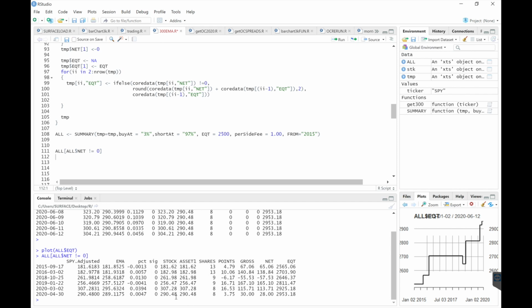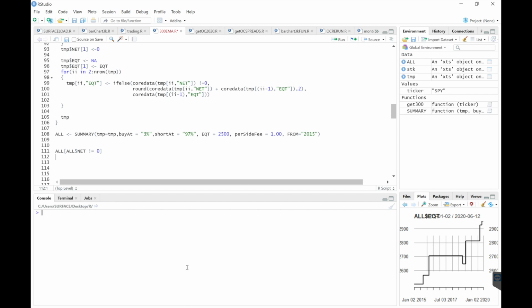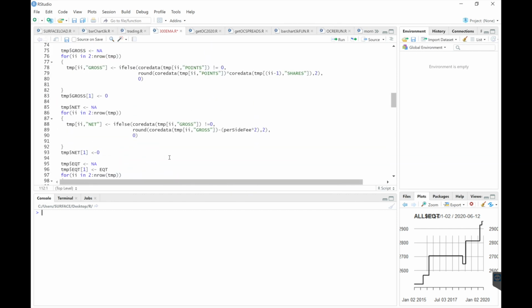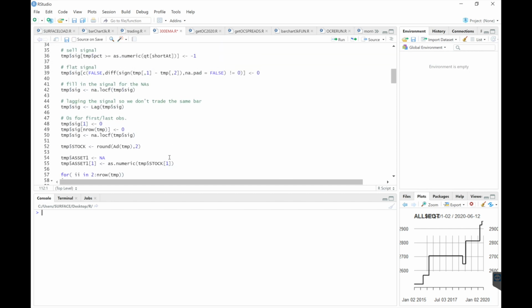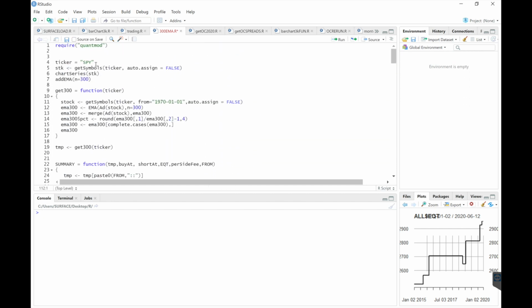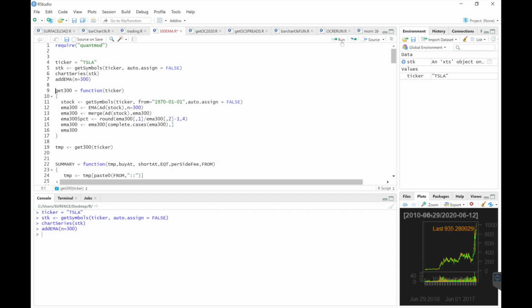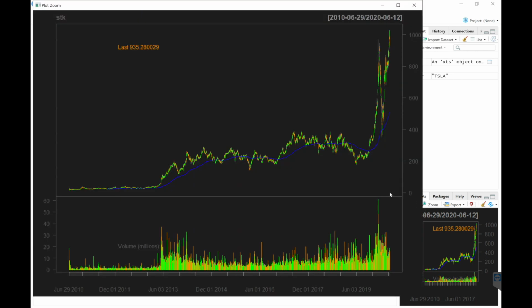So now let's do another asset, a different asset. So we'll delete everything. I'm curious to see what Tesla did. So this is the 300 EMA, and it's currently trading all the way over here.